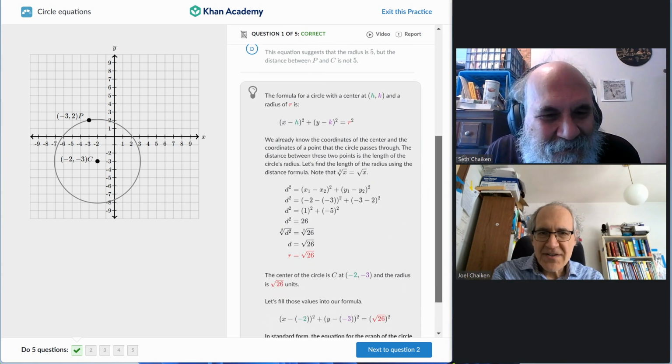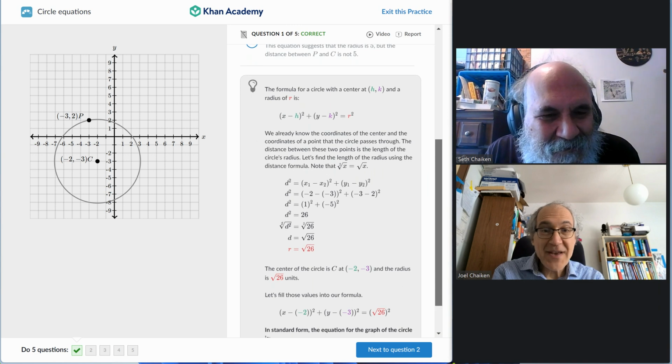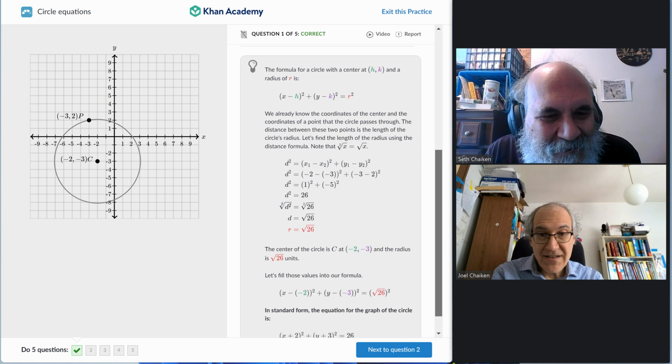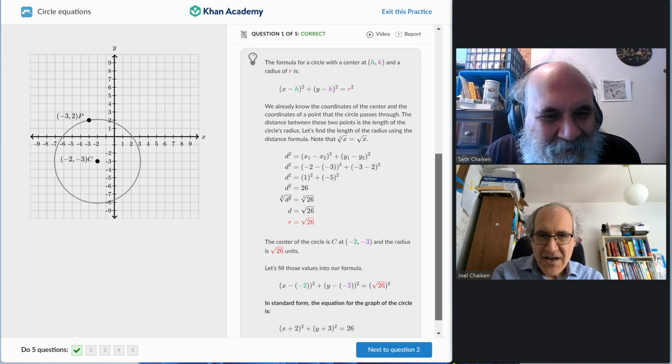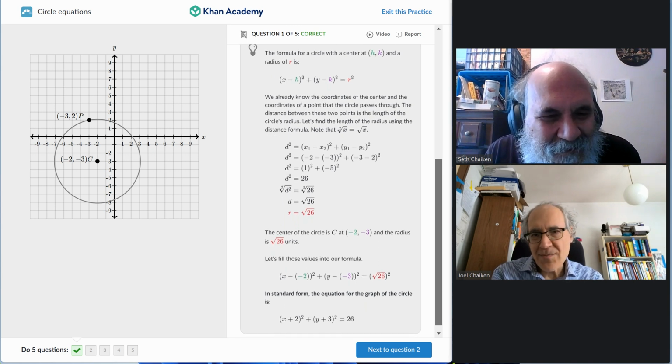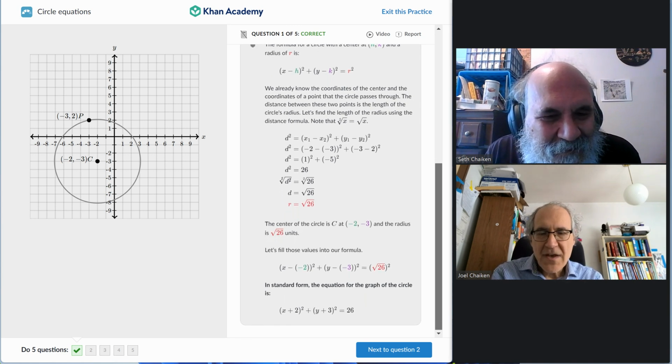We already know the coordinates of the center are the coordinates of a point that it passes through. The distance between those points is the length of the radius. Notice they are calculating the radius as square root of 26. Completely unnecessary because you're going to be using the square of the radius. But why not? They want to be consistent with what they were doing, and then they get the answer.